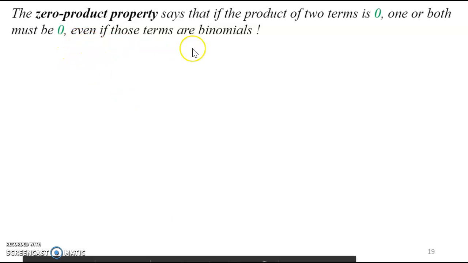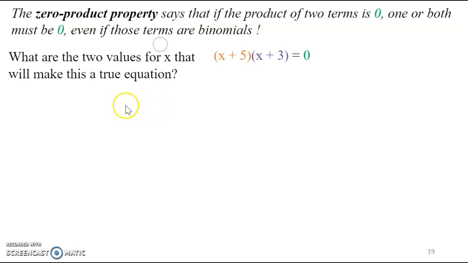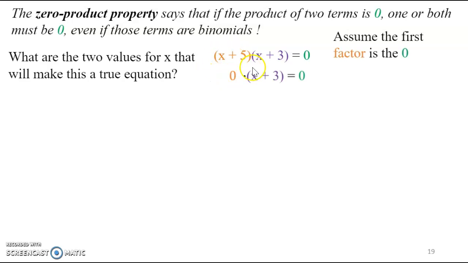So the zero product property says that if the product of the two terms is 0, one or both must be 0, even if those terms are binomials. So if you have x plus 5 multiplied by x plus 3 is equal to 0, the only way this equation becomes true is if the first factor, x plus 5, is equal to 0, or the second factor is equal to 0.